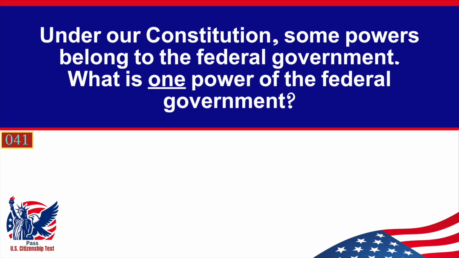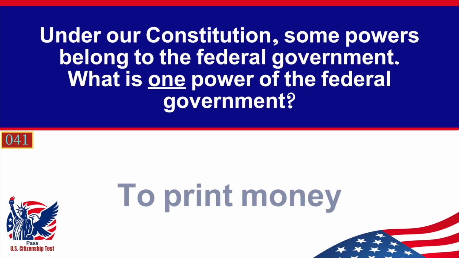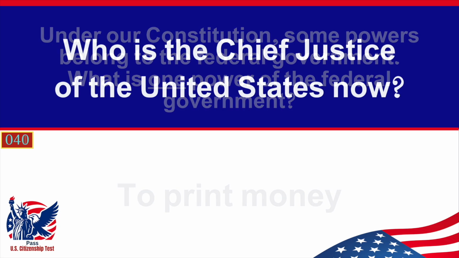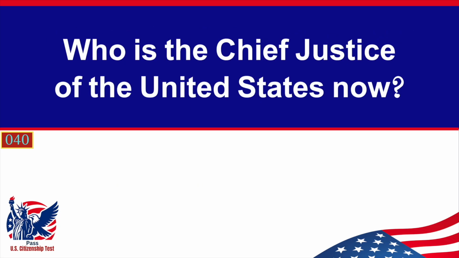Under our Constitution, some powers belong to the federal government. What is one power of the federal government? To print money. Who is the Chief Justice of the United States now?